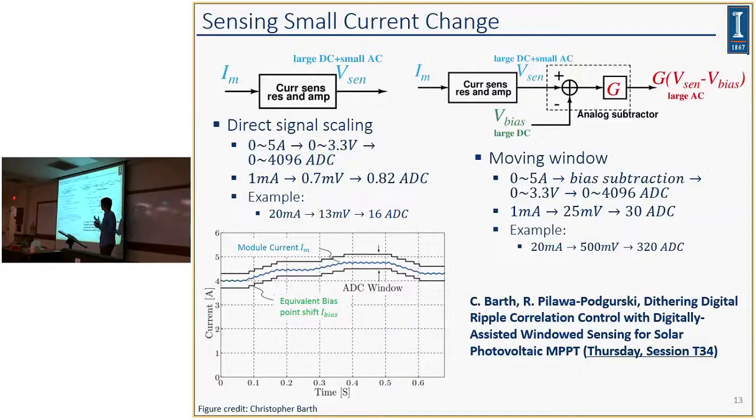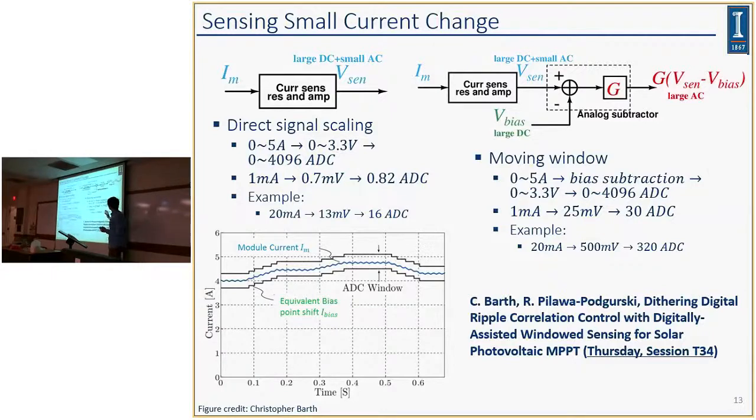It's not large enough to determine the relative current change. So what we do is we scale the current first, and we subtract a moving bias to remove the large DC component from the current, and we only amplify the relatively small current change, because in the perturb and observe method, we only care about the relative change. We don't really care about the absolute value.